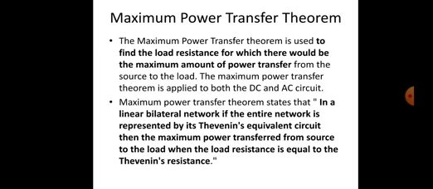The theorem functions only when there is a variable load. If not, choose the least available internal source impedance, which results in maximum current through the fixed load. Consequently, maximum power is expelled by the load current.